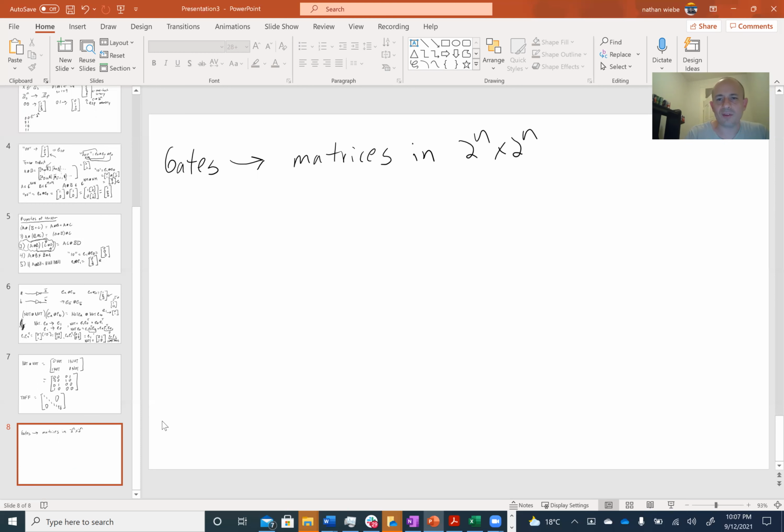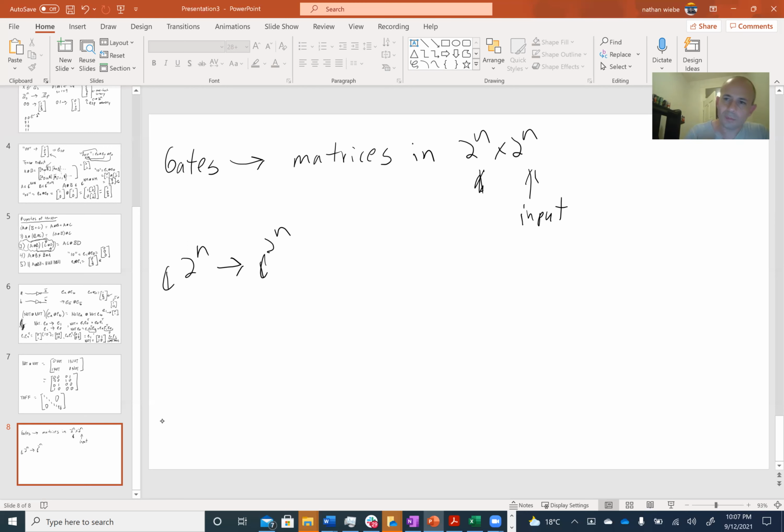And the reason why is because this is the dimension of the input. And as we established before, all reversible operations have to map 2 to the n to 2 to the n. So therefore, all gates need to be of this particular form.